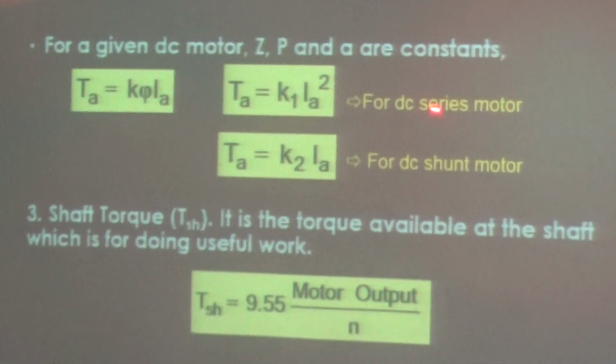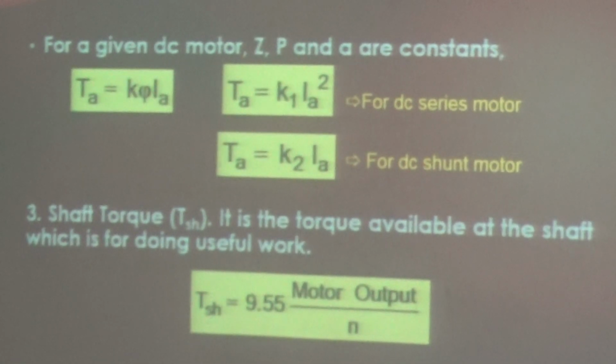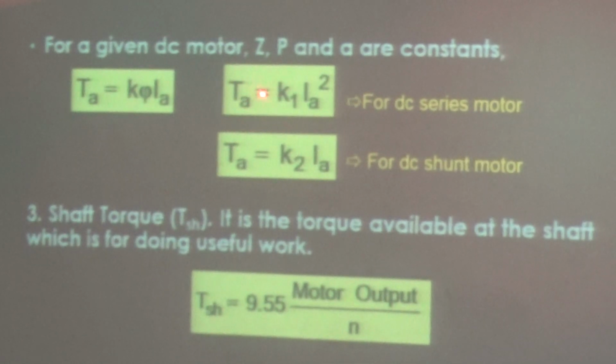For series motor naman, since series siya, yung series winding is series sa armature current. So, yung armature current natin is proportional dun sa flux. Therefore, we can say that TA is equals to K1 IA squared. Parang ito, nag-multiply na lang ito.